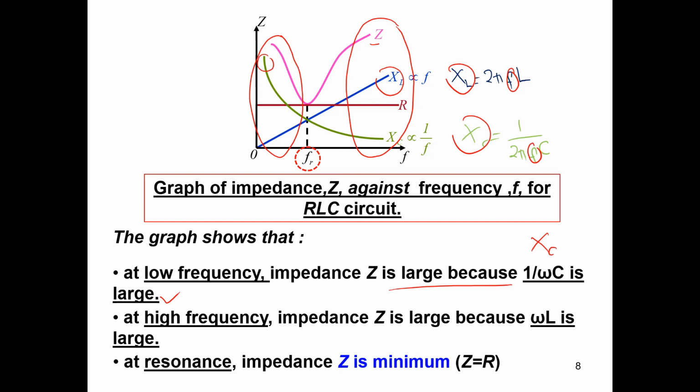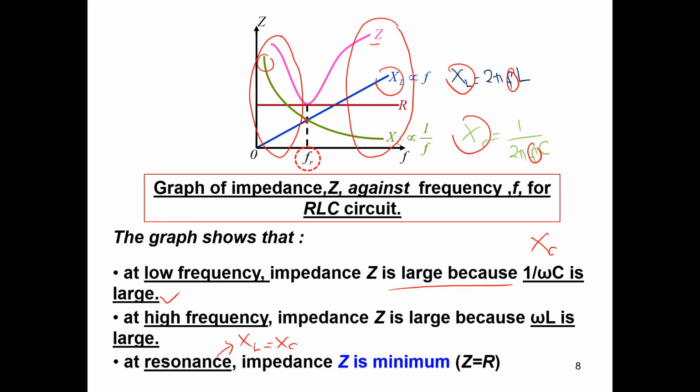At resonance, impedance Z is minimum, which is equal to R, because at resonance XL is equal to XC. At this point, we can see the intersection of inductive reactance and capacitive reactance, which shows that XL is equal to XC.